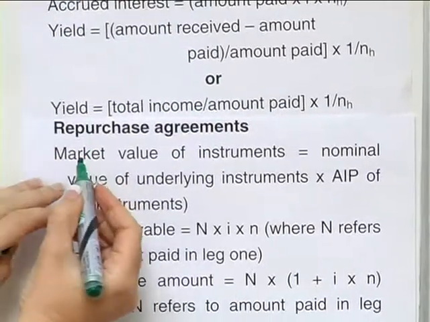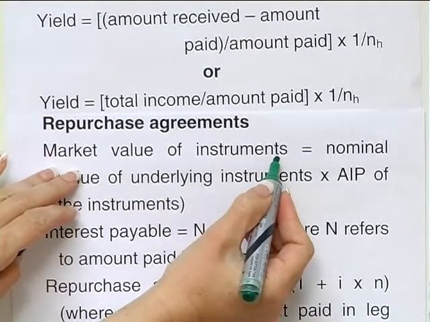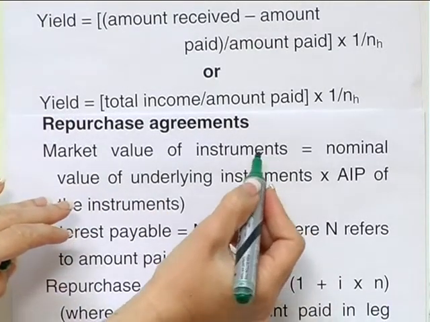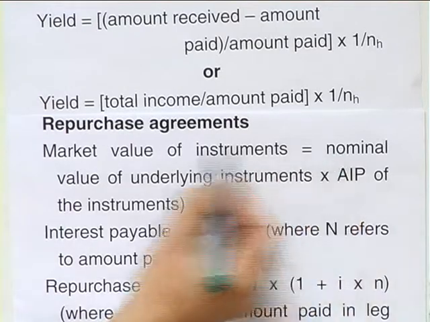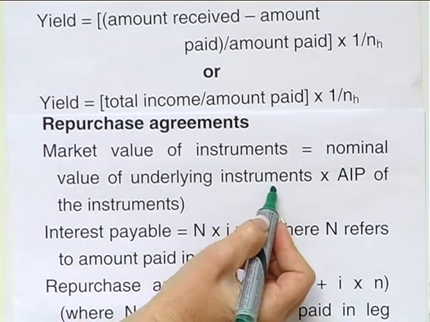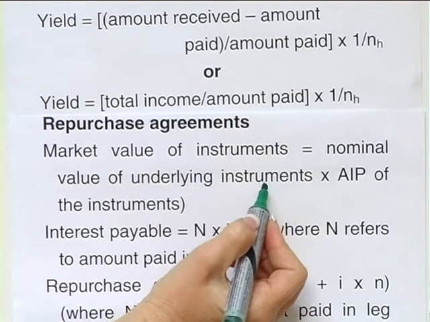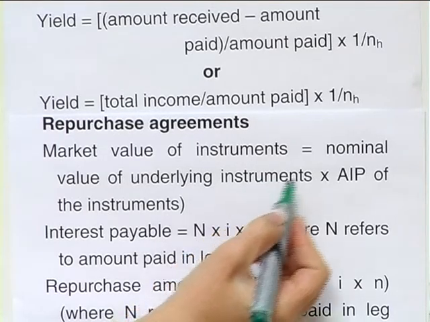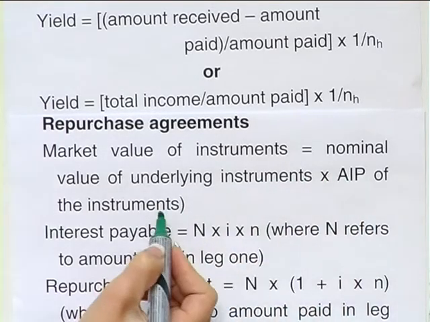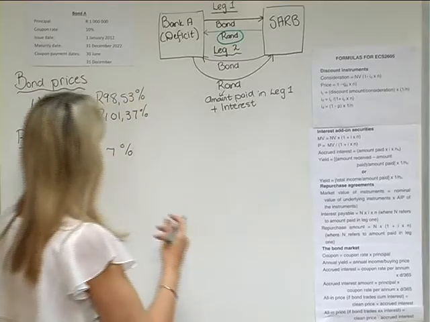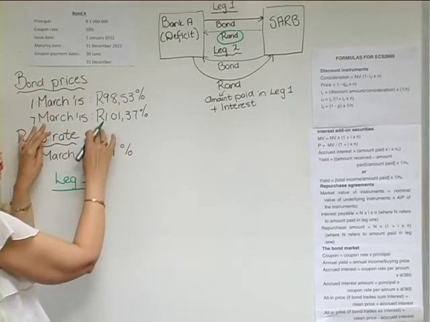The bank is going to receive the market value of the instrument. So you're going to calculate it by using the nominal value of the underlying instrument, which is now, for this transaction, the bond, times the all-in price of the instrument. And here we have provided the bond prices.